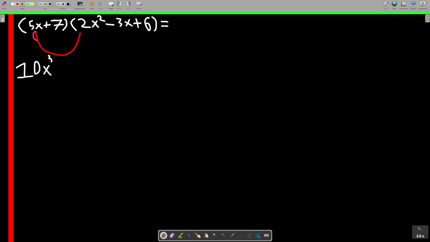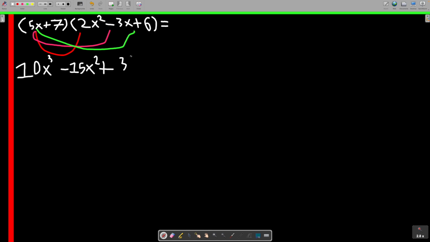Then we have 5x times negative 3x. We're going to have negative 15x squared. And then the third one is 5x times 6, which is positive 30x.